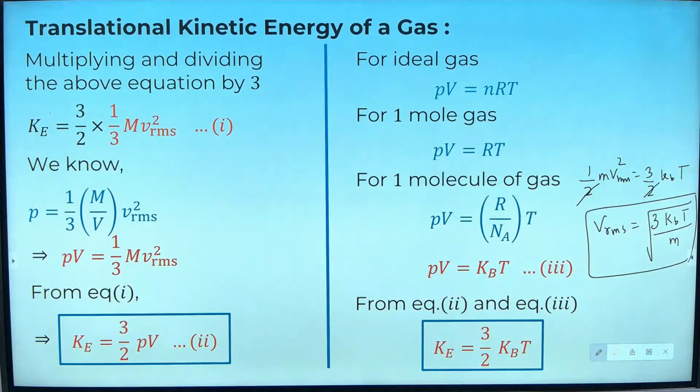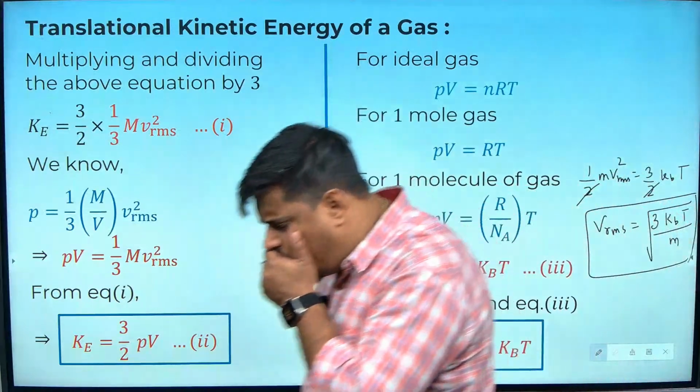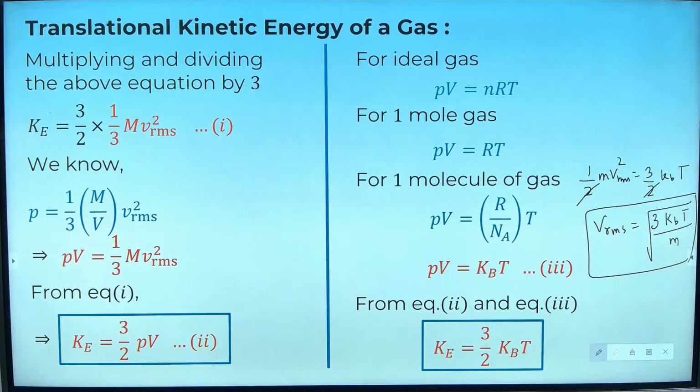That will not be used in any question, only theoretical importance. In exam, what will be asked is this only, 3 by 2 kT. Clear? Have you copied this? Make it fast, please. Boltzmann constant, right? Yes, Boltzmann constant.